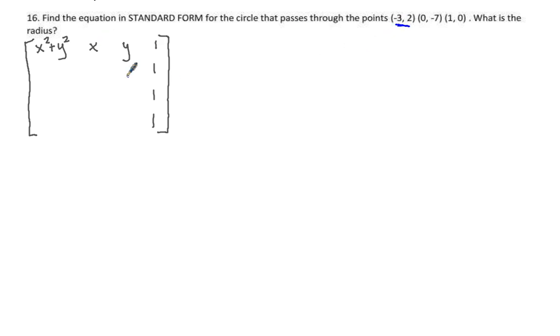So our first point is -3, 2. And we calculate this left column. -3 squared plus 2 squared, 9 plus 4 is 13.